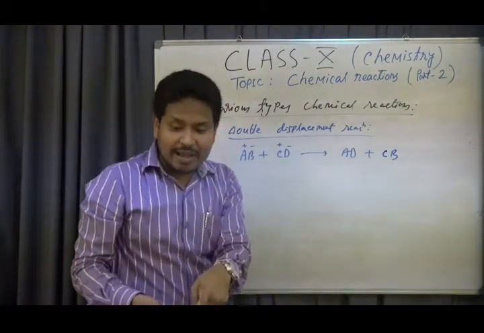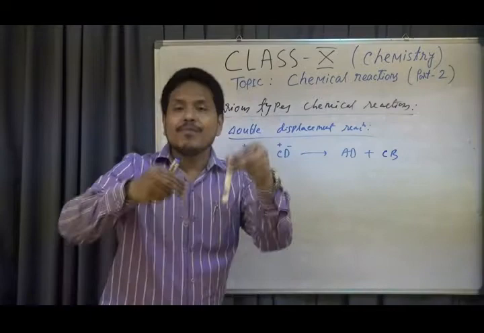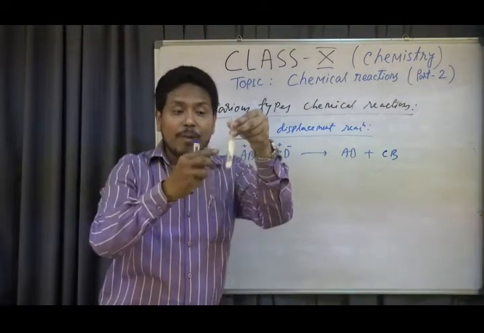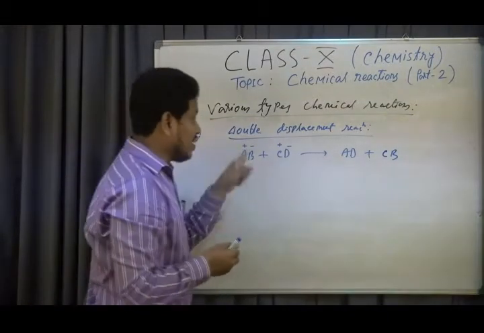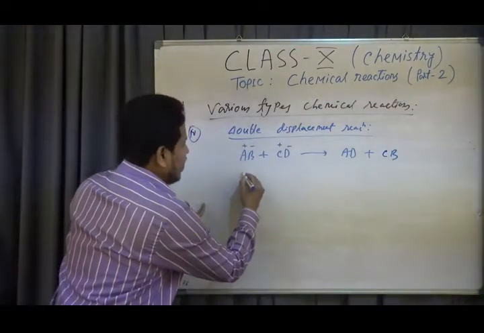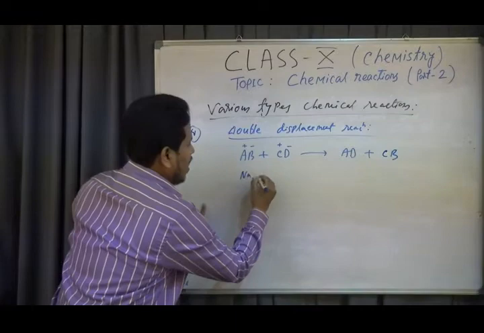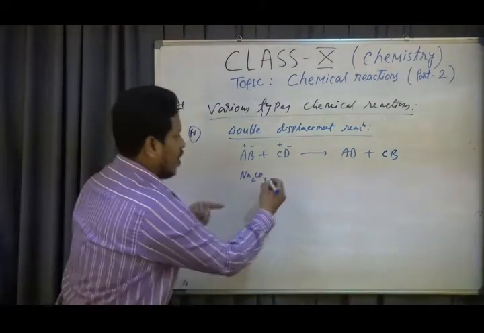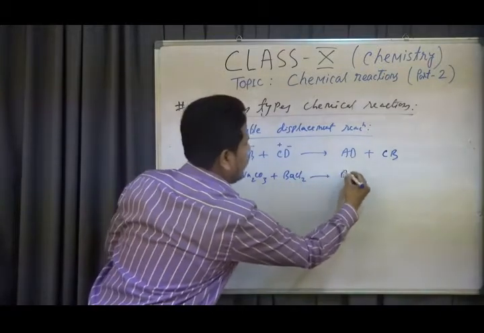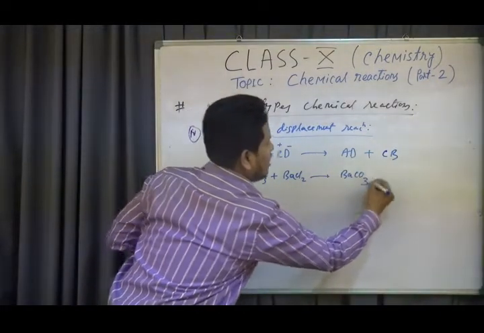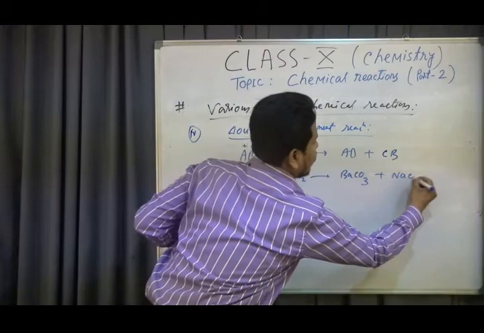The reaction I have shown, barium chloride and sodium carbonate mixed together to form barium carbonate, a white precipitate, is the double displacement reaction. This is the barium chloride to give barium carbonate plus sodium chloride.